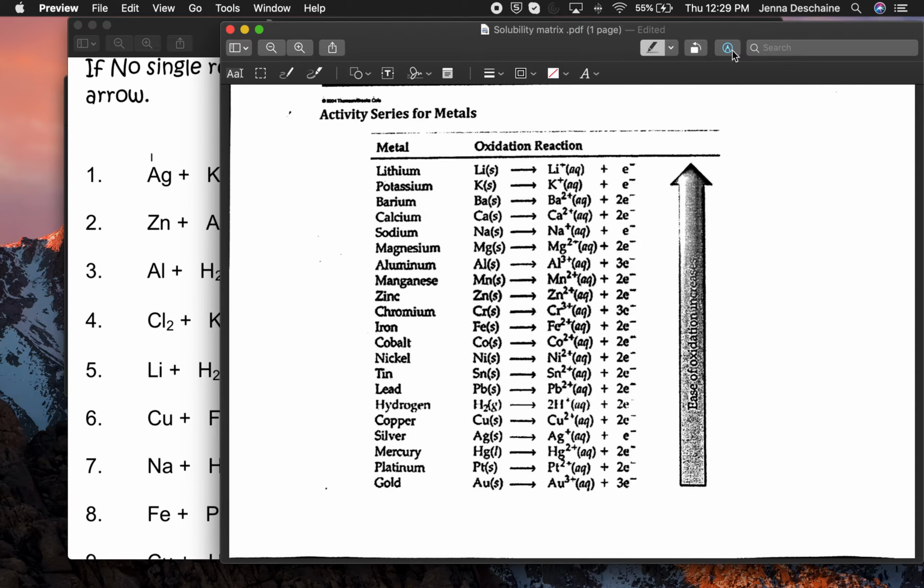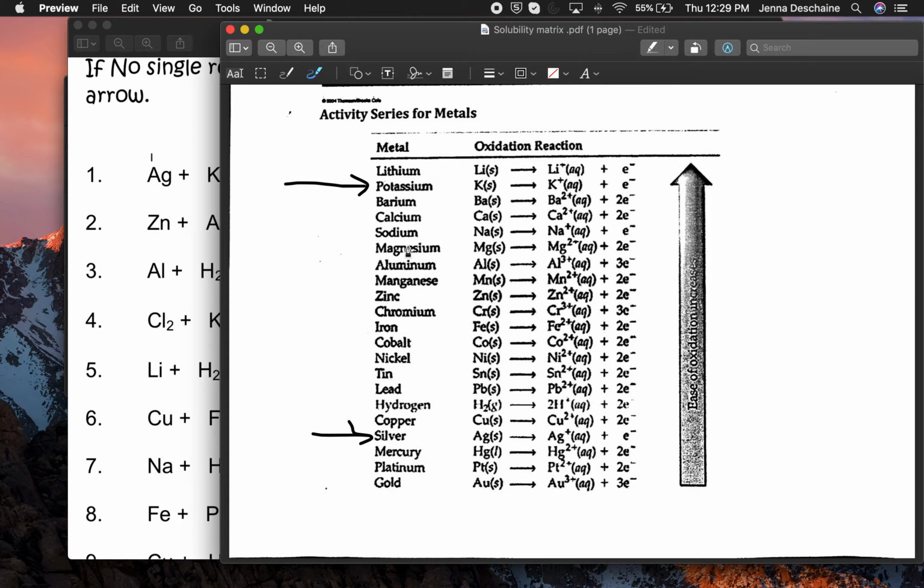Well, so much for that. I'll just do this instead. All right, so I have silver, which is right here. Whoops, that was a really bad arrow. And potassium, which is way up here. There we go, okay?